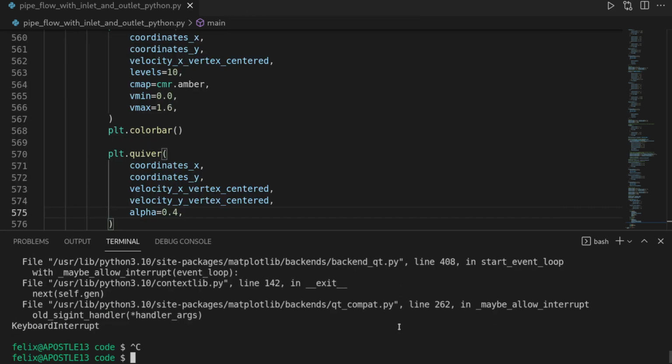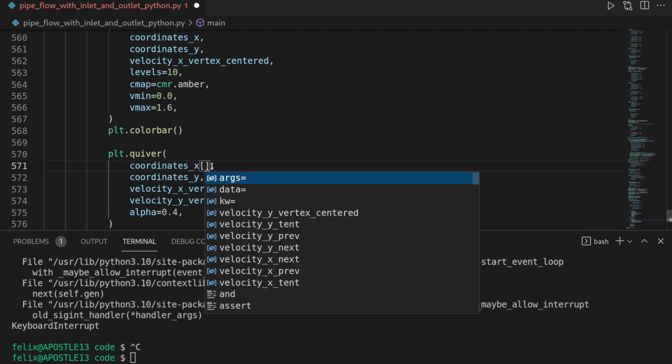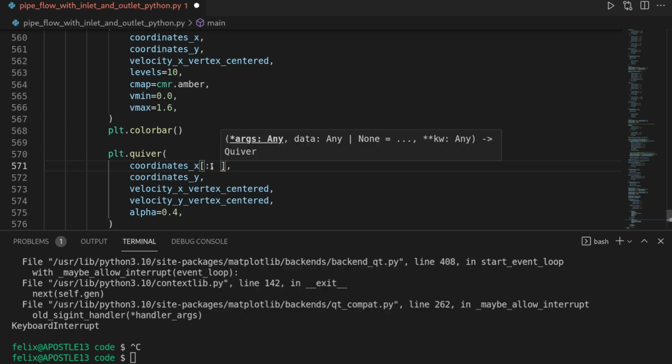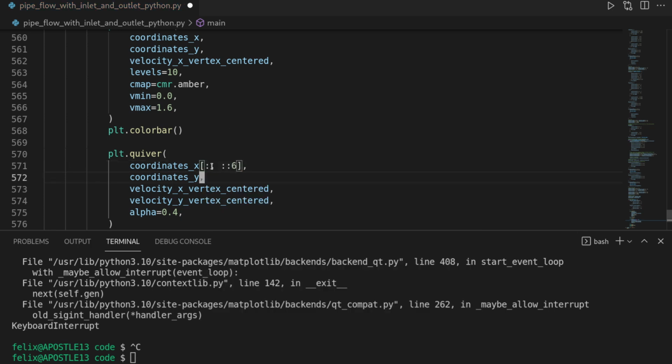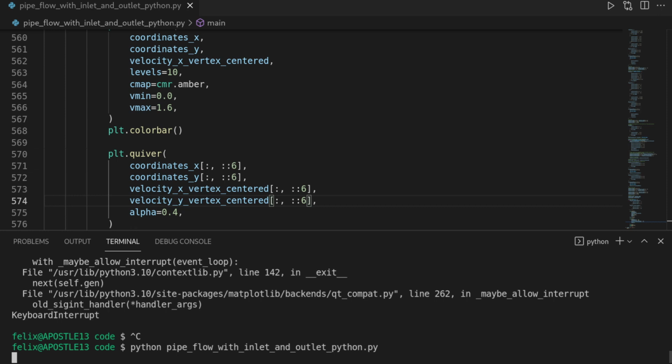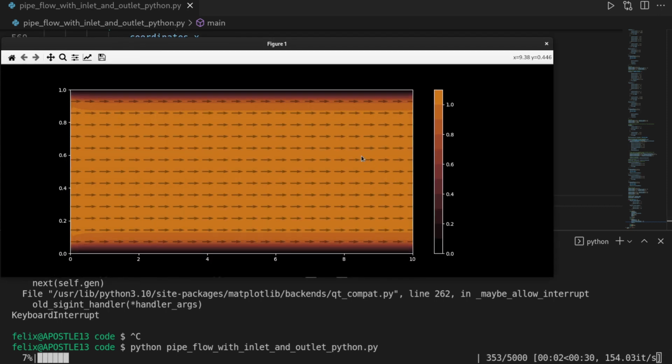I will close that down real quick and only select every 6th entry in x direction. So I do all entries in y direction, but only every 6th entry in x direction. And that's also what we have to do here. And here as well. Hopefully that should make it less cluttered. Yep.